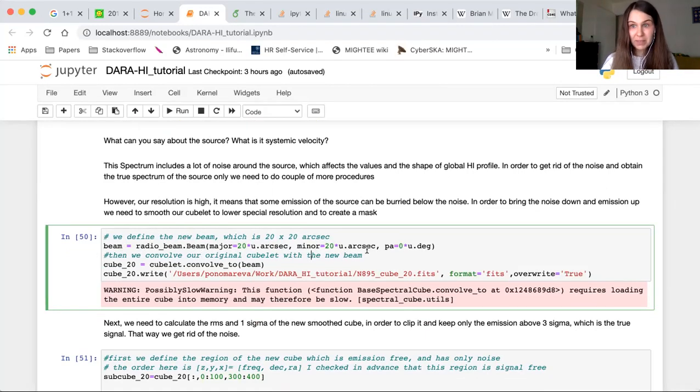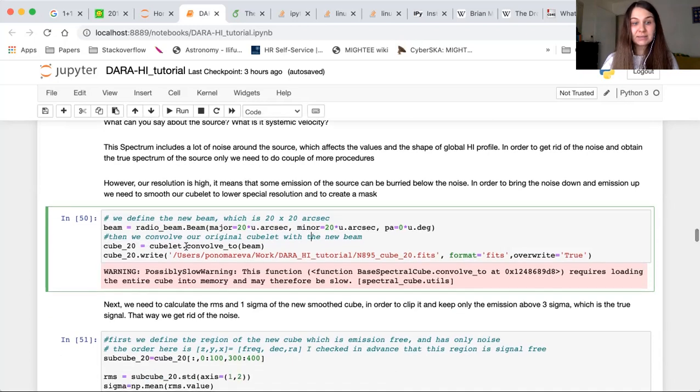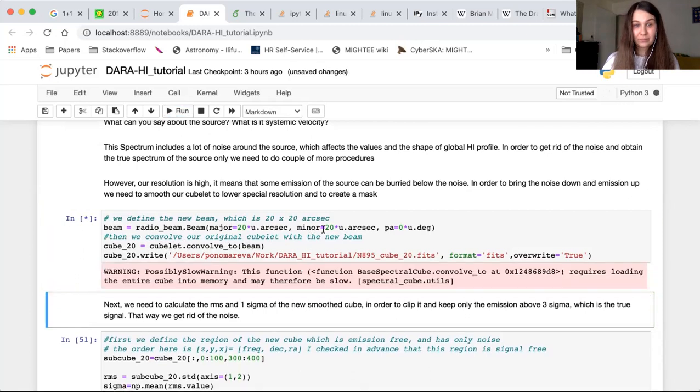So we define the beam size, and then we create a new cube where we ask our old cube to be convolved with the new beam, and then we can save it. This exercise takes a little bit of time. And now, since we saved it, we can look at the new smooth cube.